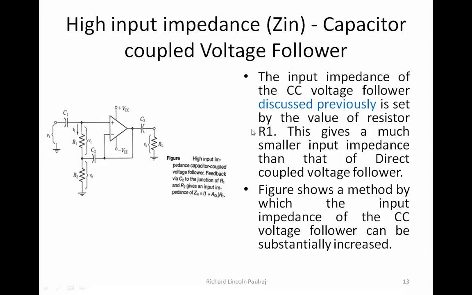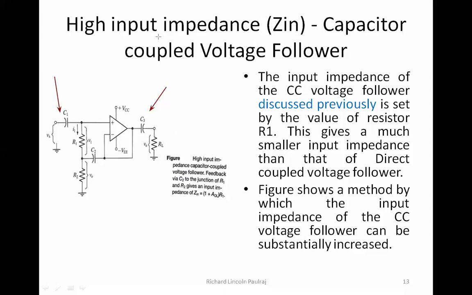So here you can see this figure. It shows a method in which the input impedance of the capacitor coupled voltage follower can be increased. Keep in mind, whenever there's the word capacitor coupled, you should concentrate on these capacitors here: input is capacitor coupled and output is also capacitor coupled.